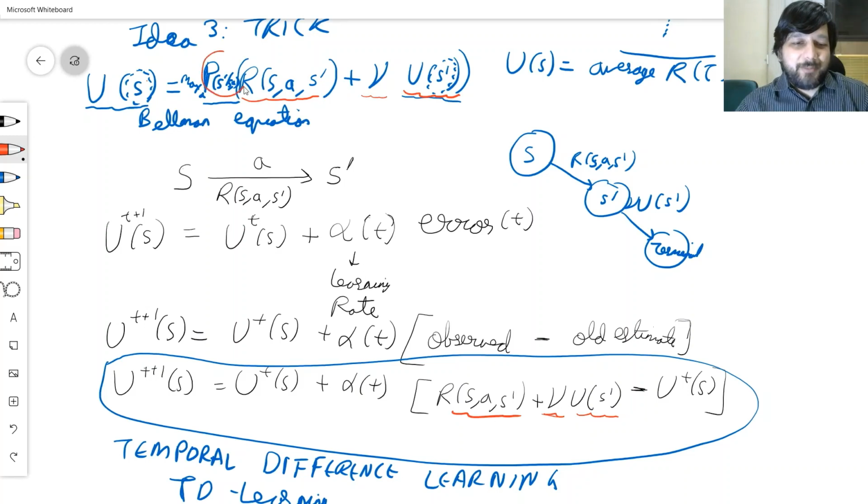However, where did the probability go? There's no probability over here. If you just look at it, it gives you the impression that the probability has suddenly become equal to 1. The other thing is, where did max A go? So let's answer both of them one by one.